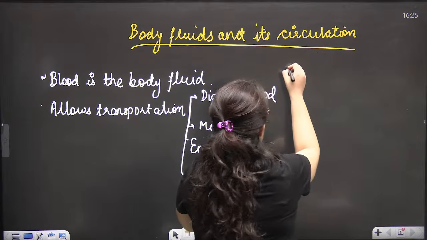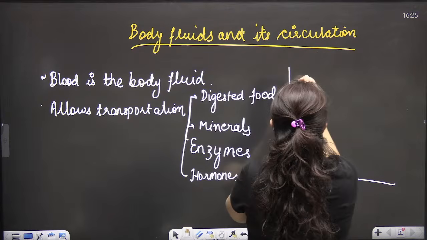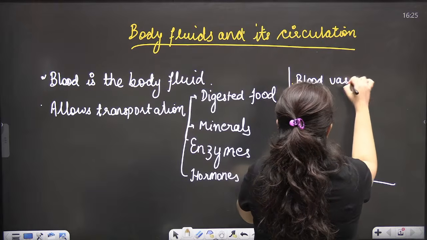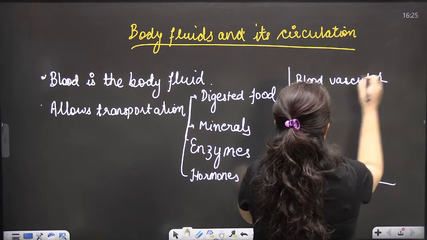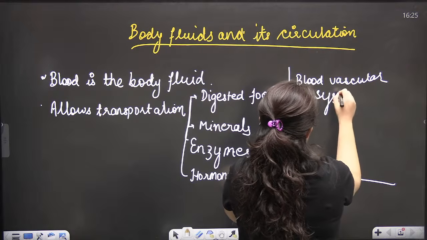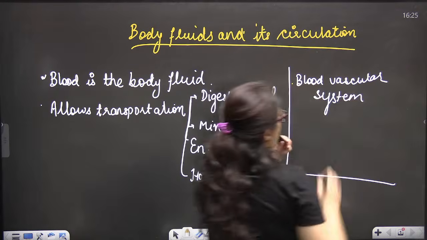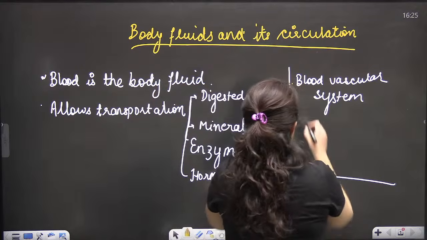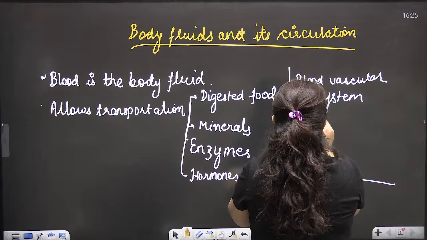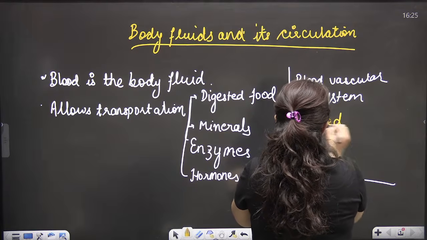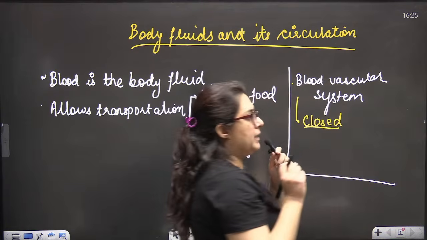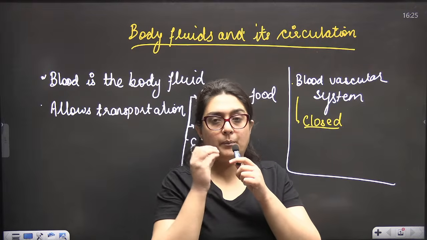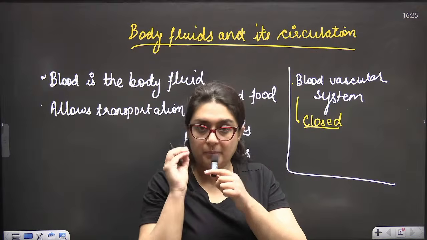This deals with the blood vascular system, which is a closed type of system. Closed means, when we are discussing the human circulatory system, the blood flows inside proper blood vessels.